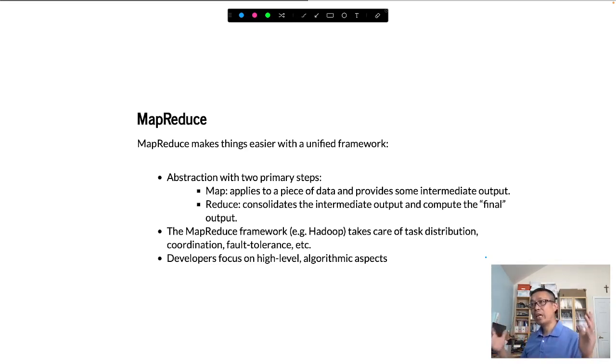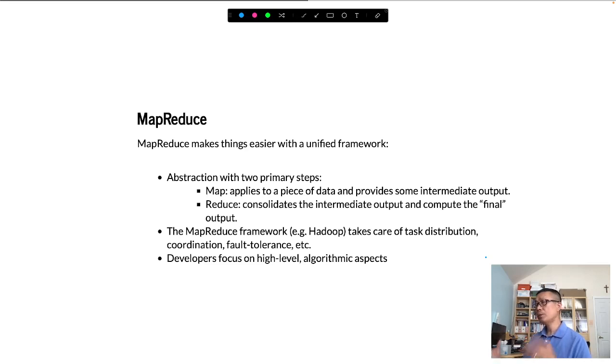It has this abstraction with two primary steps. So in MapReduce, there's a mapping process which applies to a piece of data and provides some intermediate output. And then there is this reducing or reducer process that consolidates the intermediate output and completes the final output.